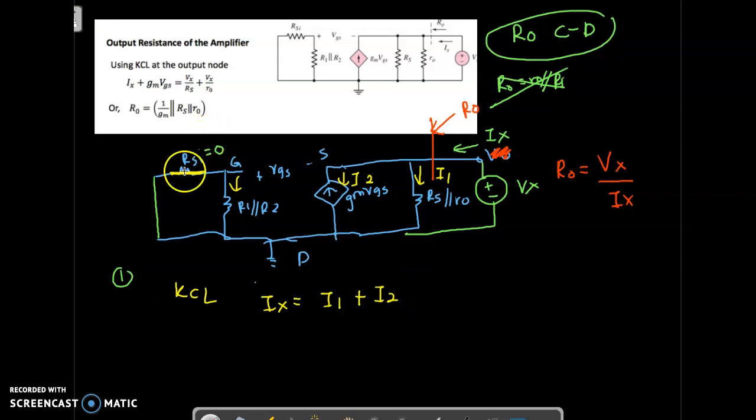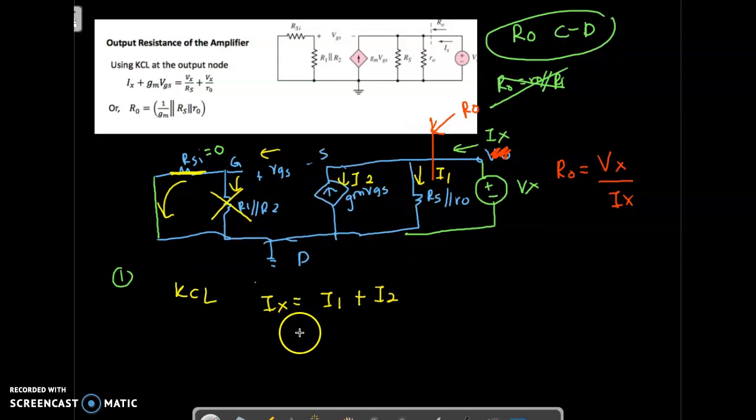When there is a short circuit over here, current will not go to R1 parallel to R2, so you're going to ignore this one. And there will be no current flow at the VGS. So that's why current entering here equals I1 plus I2 and nothing happens at this side.